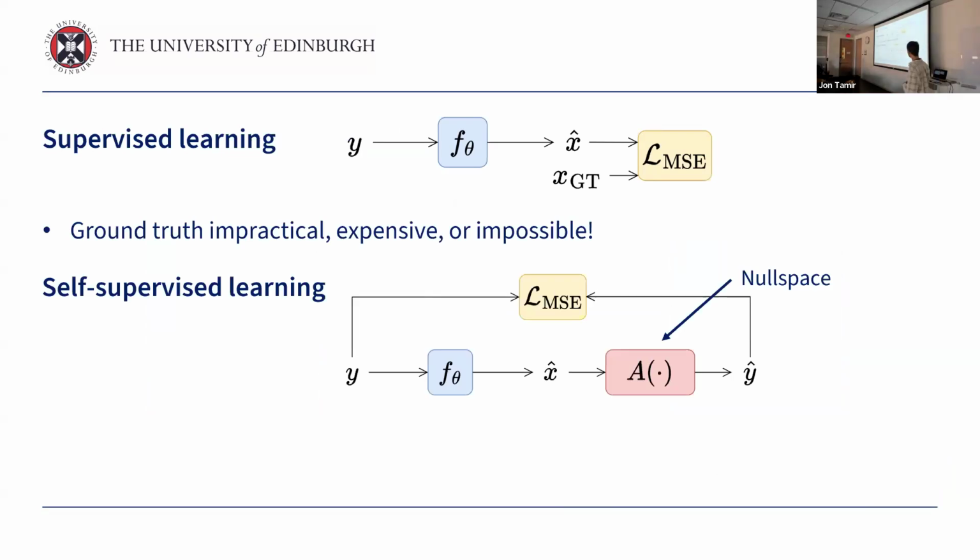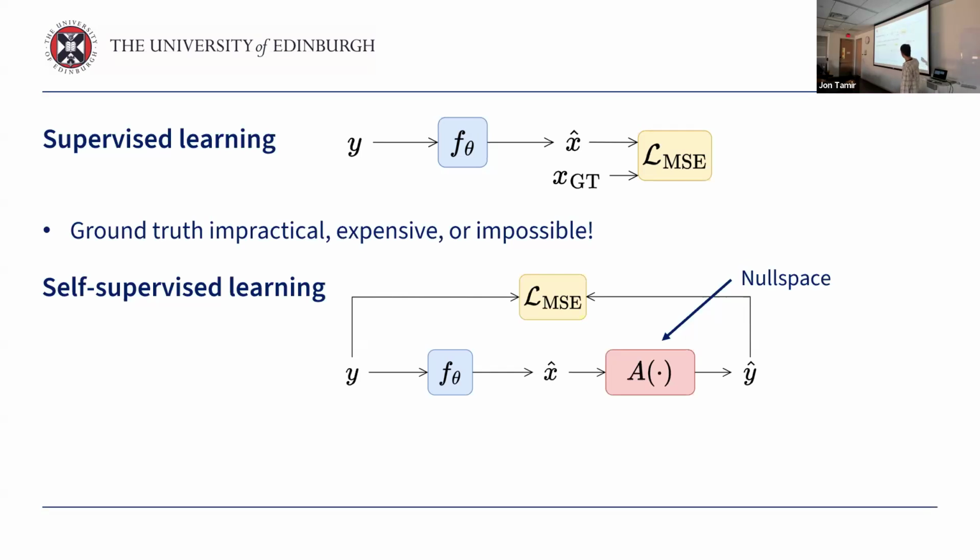Okay, so now we talk about self-supervised or unsupervised learning, which I'm going to use interchangeably. The most naive, first basic thought about how to do this is we reconstruct our images and we map them back through the forward operator to get our remapped y, and then compare these to the measurements y instead of comparing x to the ground truth. And then we can think, oh, can we train a network with this?